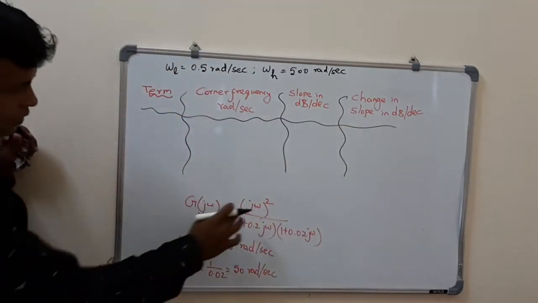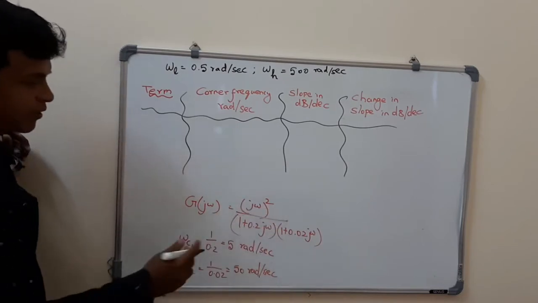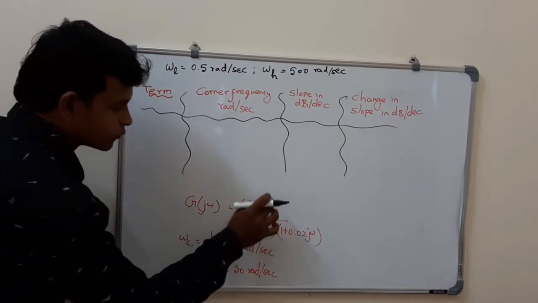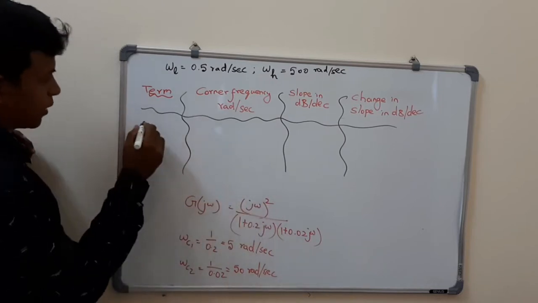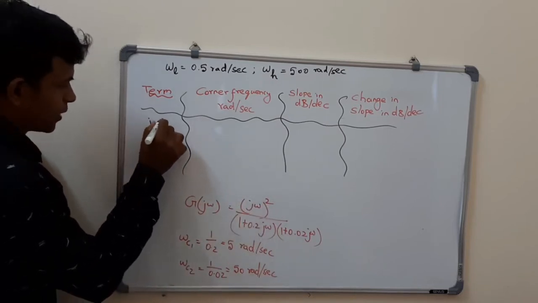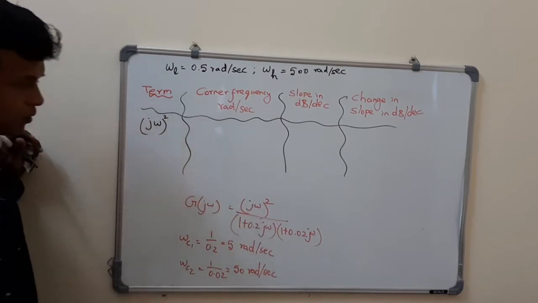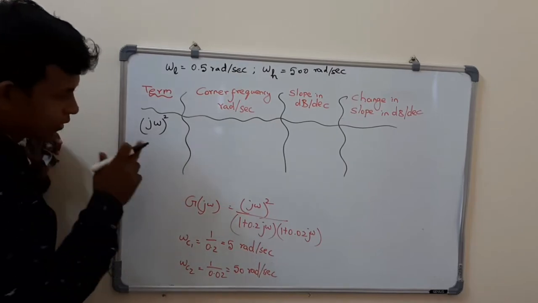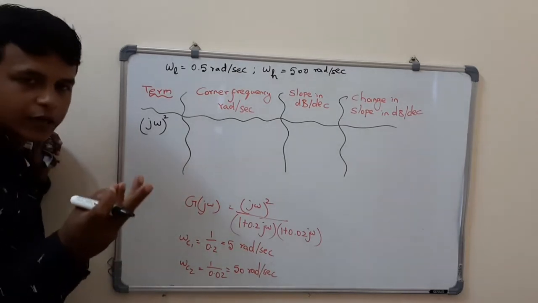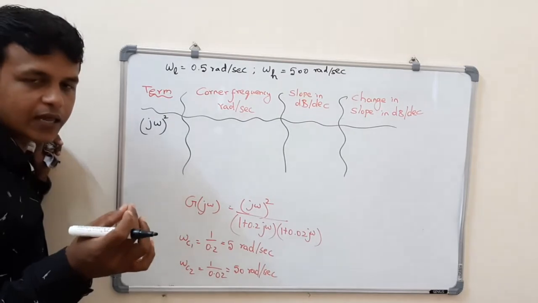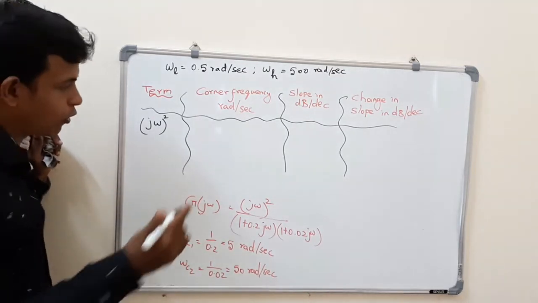The first term is the derivative factor with multiplicity of 2, it is j omega the whole square. The derivative factor, constant gain factor and integral factor do not have any corner frequency.